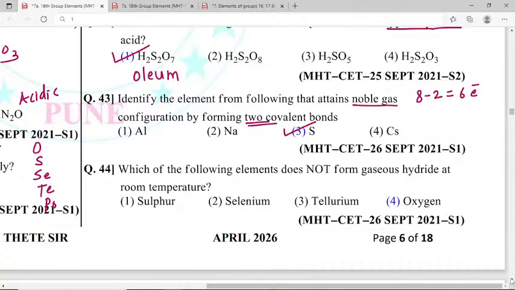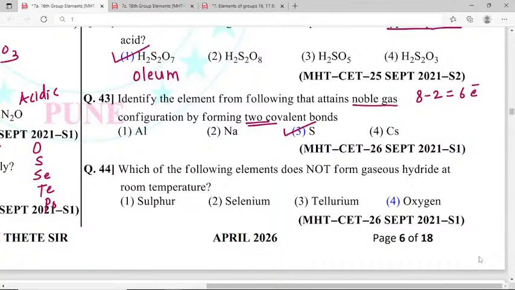Two covalent bonds means 2 electrons shared, so 6 electrons in valence shell, sulfur.